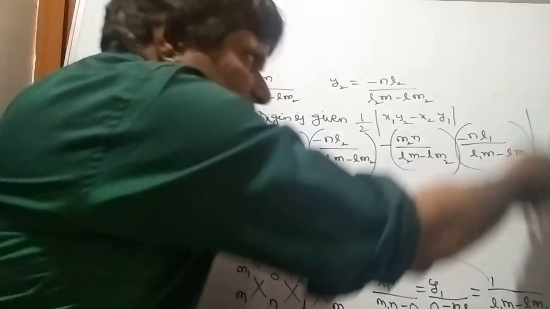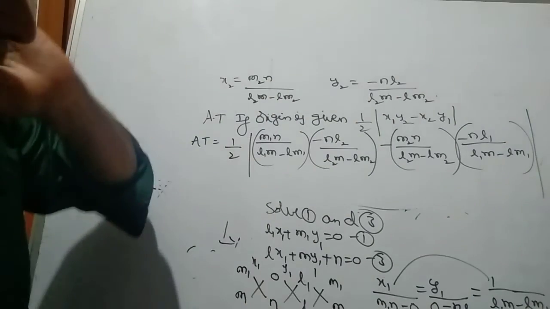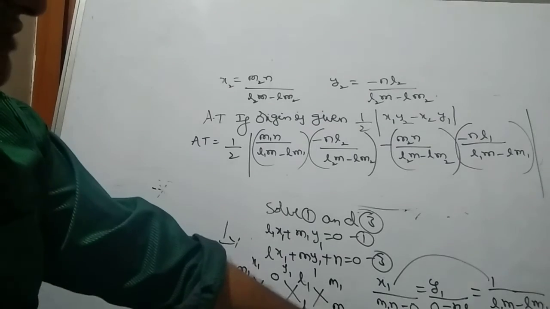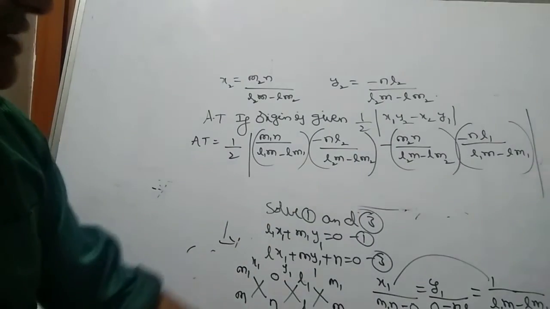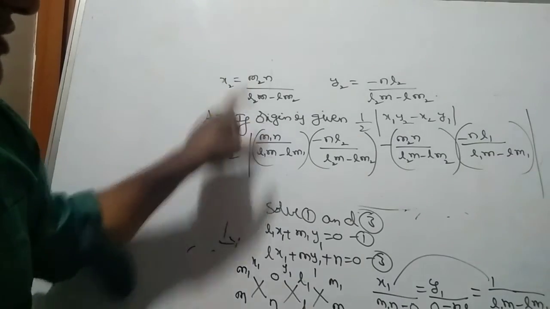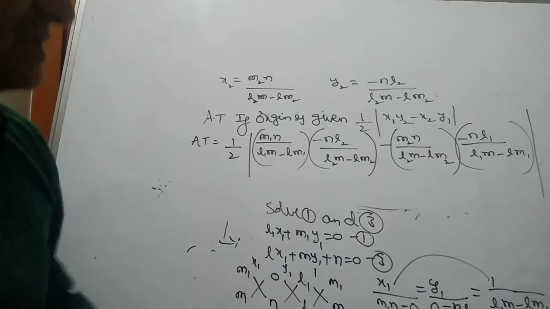This is the problem: half mod of x1 y2 minus x2 y1, with these fractions.